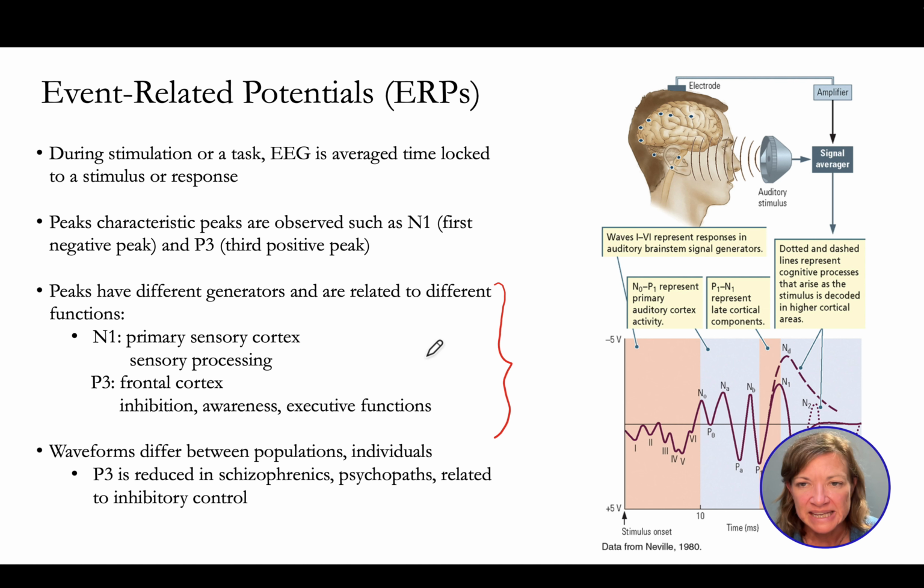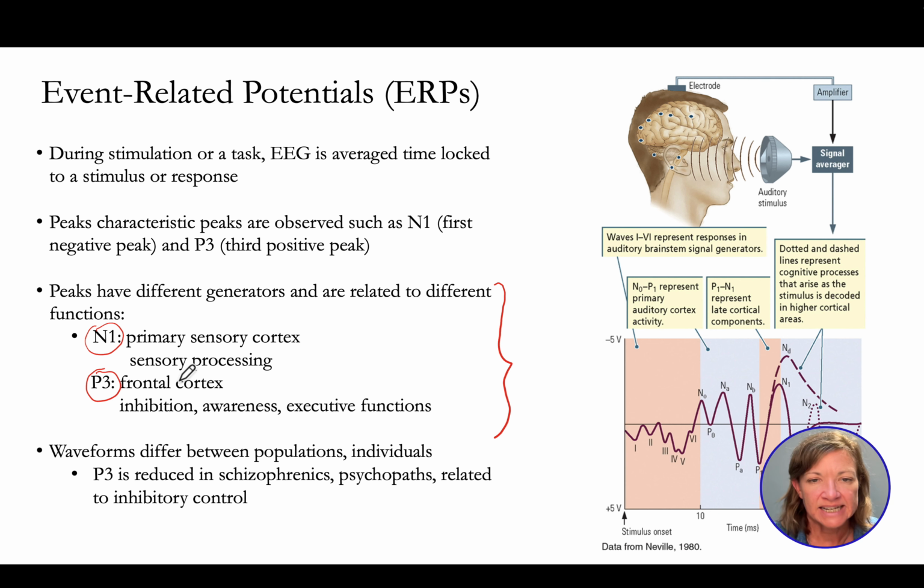So the first peak, for example, the N1 peak, is linked to the detection of the stimulus. In this case, it's an auditory stimulus. And the P3 peak, another characteristic peak, is related to the frontal cortex response, so inhibiting, awareness, integrating, etc.